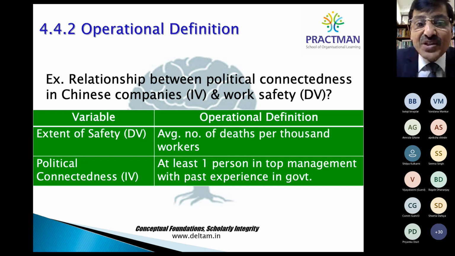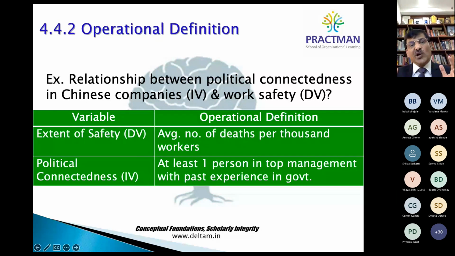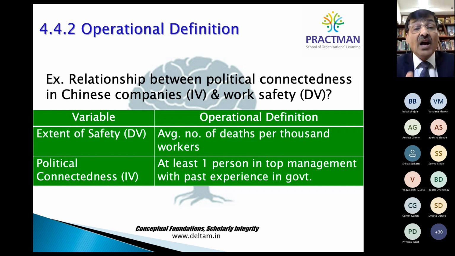In their research, they calculated the average number of deaths per 1,000 workers. So if there are 1,000 workers in a company, within one particular year, how many workers died because of accidents? That was the measure of extent of safety as far as that research is concerned.